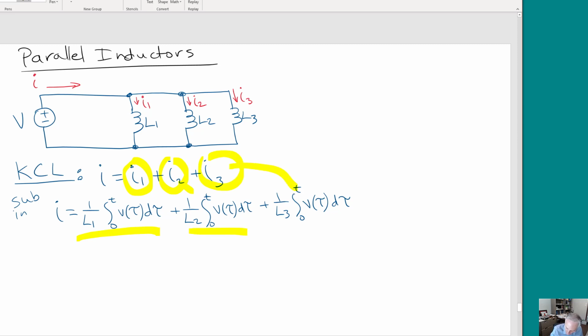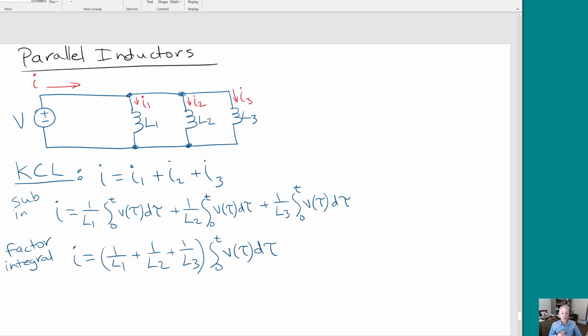Then we see that the integral is the same, which is based on the voltage. And that's because the voltage is the same for every inductor because they're in parallel.